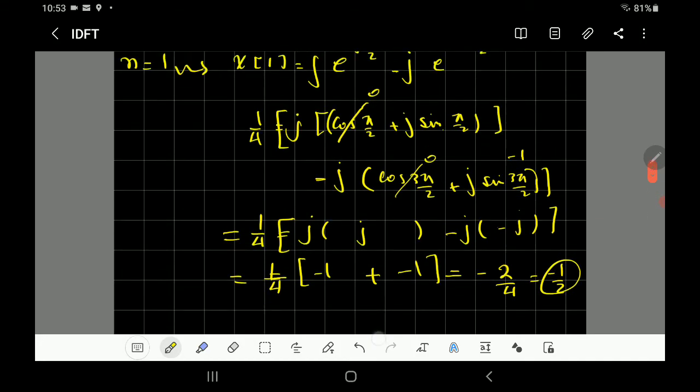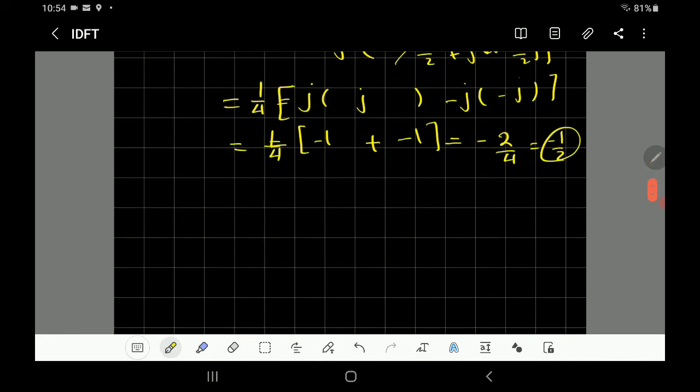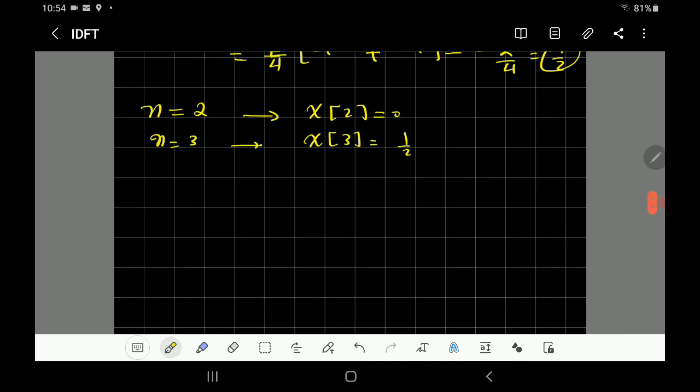So that's the value of x at n equal 1. If you continue, I did that already. So when n equals 2, it will be equal to 0. And when n equals 3, x will be equal to 1/2. So that will be the value of each x.